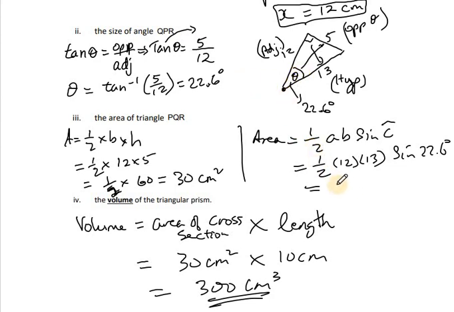If we were to round this off to one decimal place, we'll actually get 30.0 centimeters squared. So we see the answers are pretty much the same.